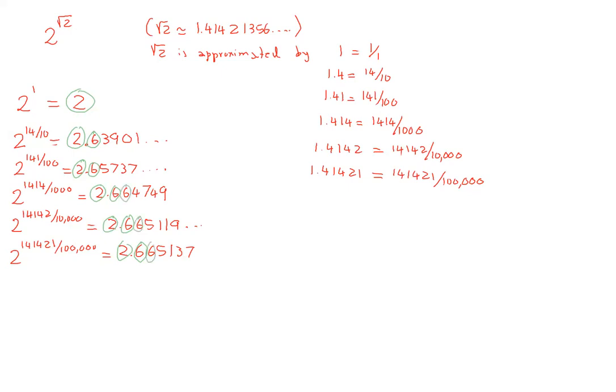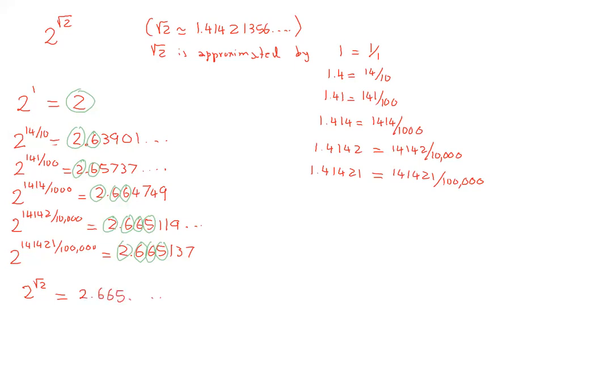And maybe it's also a good guess that the third decimal digit after the point is 5. So you might argue here that at least the first few digits of the number 2 to the square root of 2, as they emerge from the computations that you can make, are equal to 2.665, and it continues.